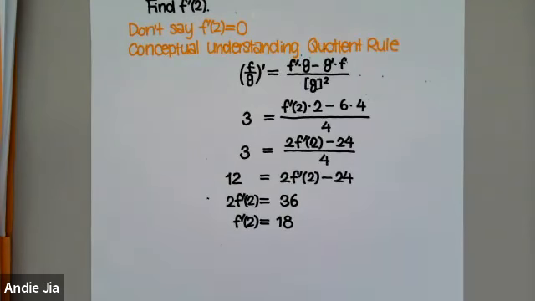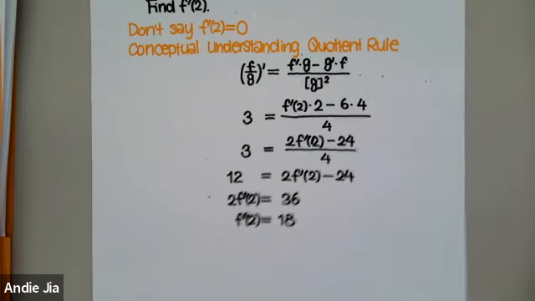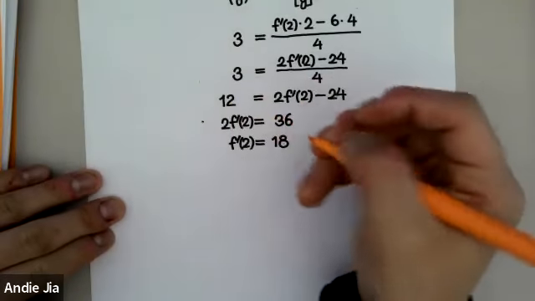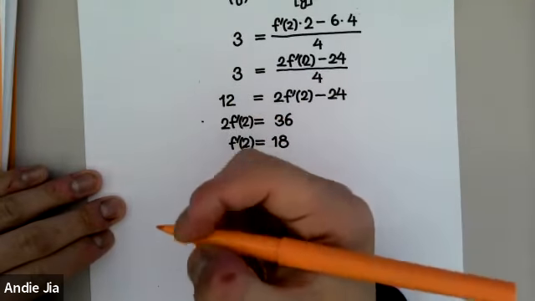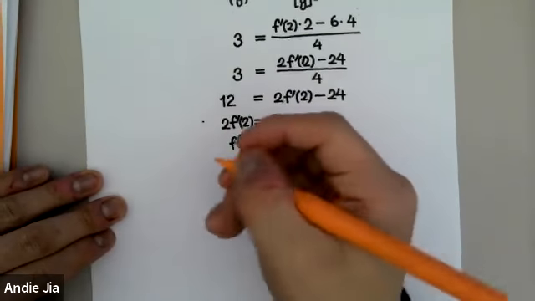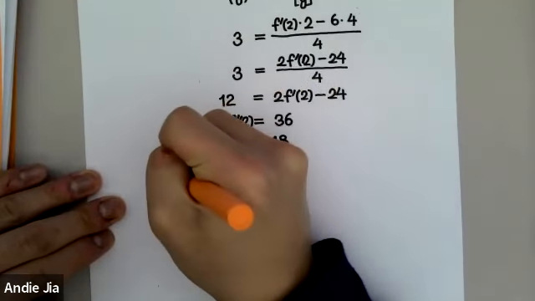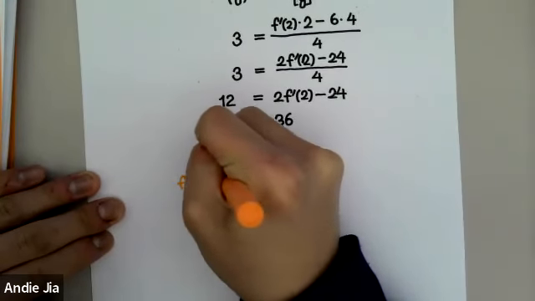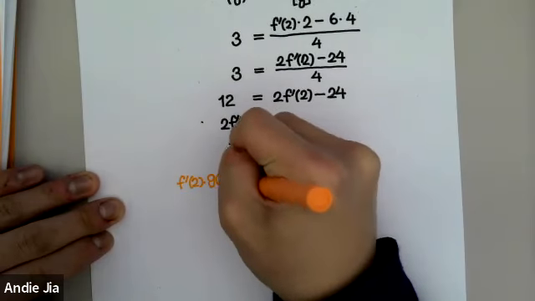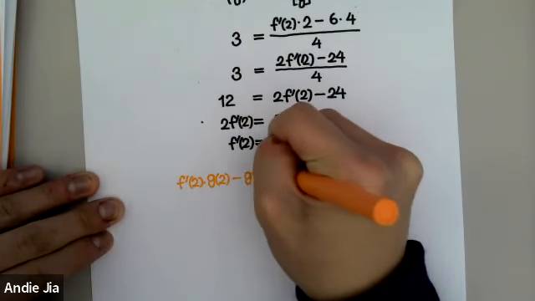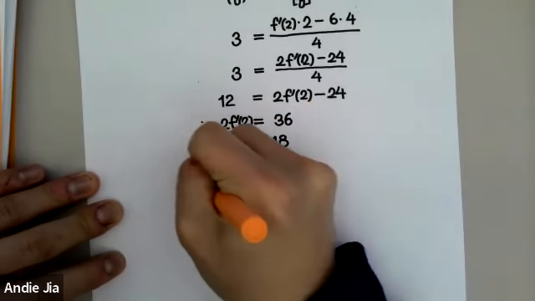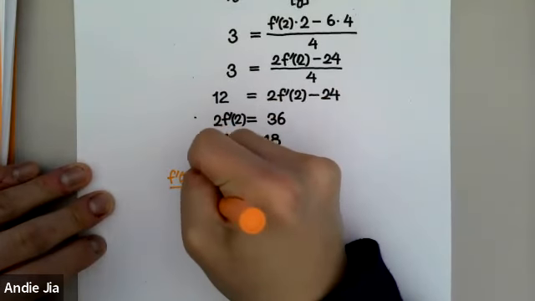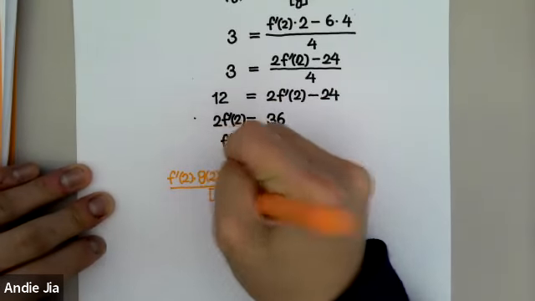And we do a backward check. f prime of 2 times g of 2 minus g prime of 2 times f of 2, over g of 2 squared.